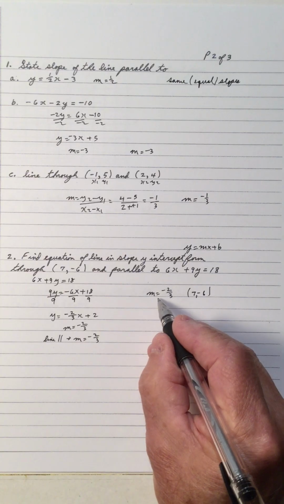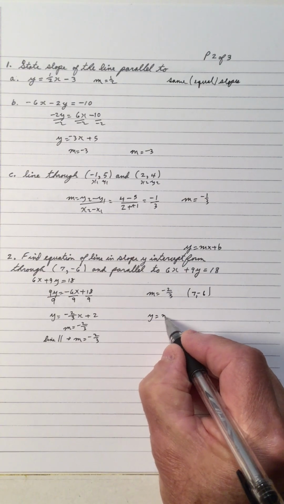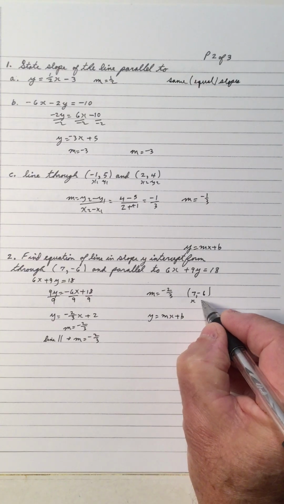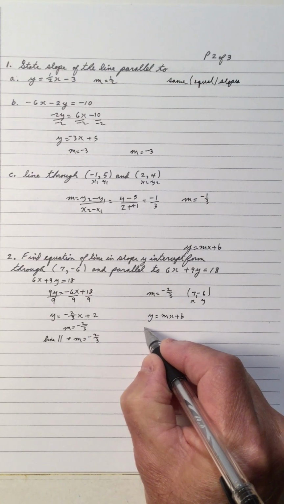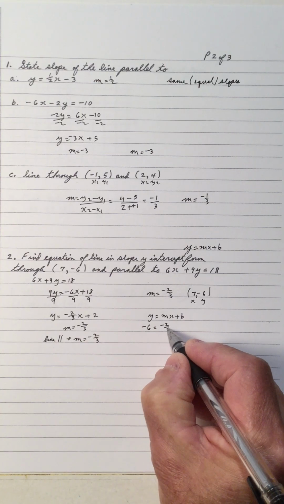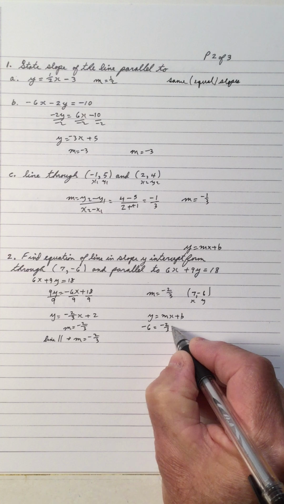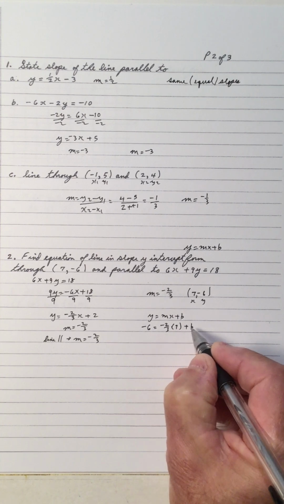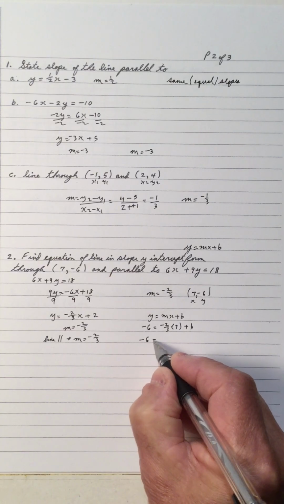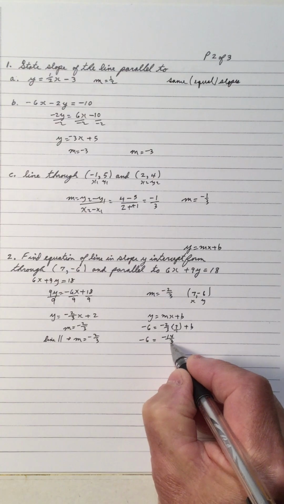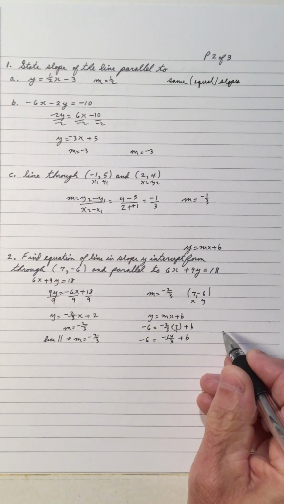So if we take y equals mx plus b, and this is x and that's y, so y is negative 6, m is negative 2/3, and x is 7 plus b, so negative 6. So we multiply, we get a negative 14 over 3 plus b.